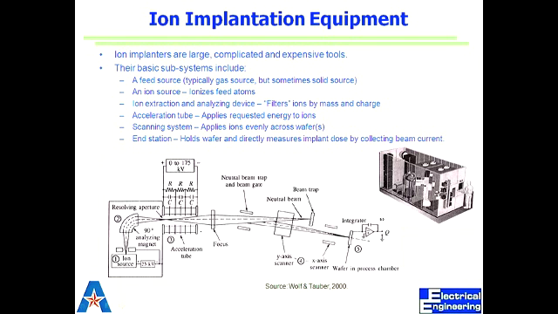So what is the equipment that we use for implantation? We know by now they are large and complicated, because a number of different components have to come together to do implantation. We need an ion source, and we need a feed source which will be providing the material that we need for the ion generation.